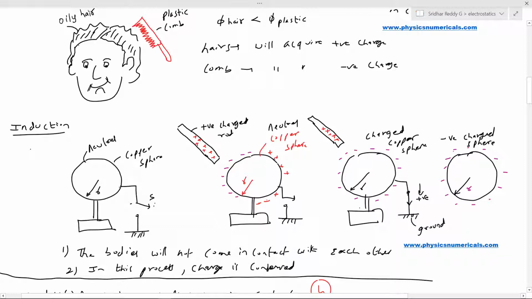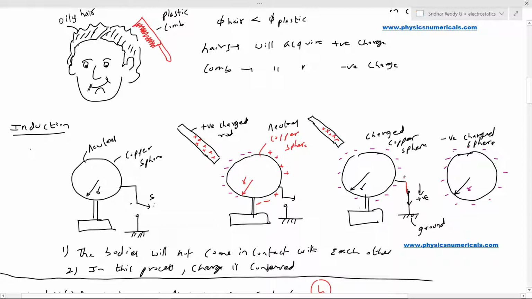The positive charge will experience a repulsive force from the positively charged rod, because like charges repel and unlike charges attract. This attractive force will not permit the negative charge to move onto the earth, while the positive charge, experiencing repulsion, has a path available. So the positive charge will take a path like this.